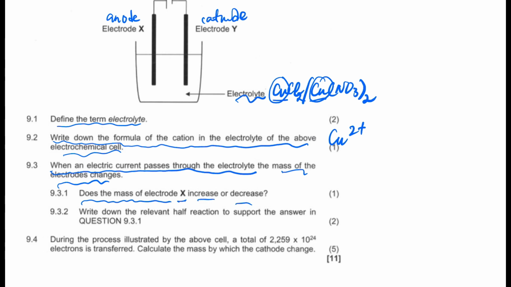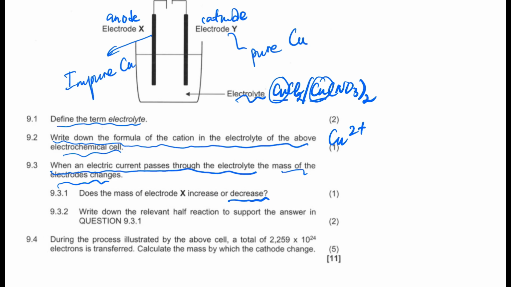Electrode X here, it's the pure copper, and no, it's going to be the impure copper, and this one is going to be the pure copper, right? So they are asking about electrode X, which is this one, the impure. What's going to happen? There will be a mass decrease there. Always in an anode, there's a mass decrease.